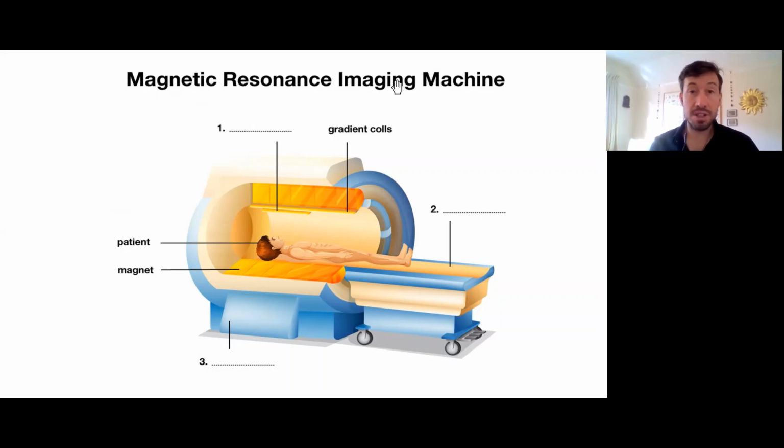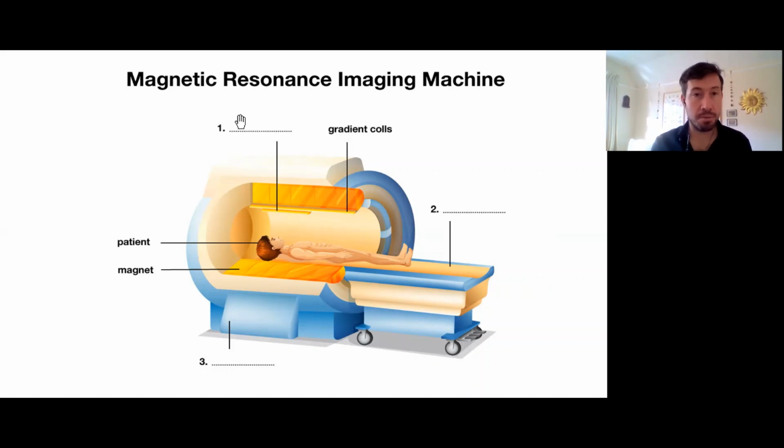Well, the title is the first thing, magnetic resonance imaging machine, that's key. Also these bits here, so gradient coils, patient, magnet, they're keywords. They're the only words we can see on it. So we're going to look for these words in the text. And the good news is that because these are quite technical words, it probably won't be paraphrased. It will probably be the same words in the text.